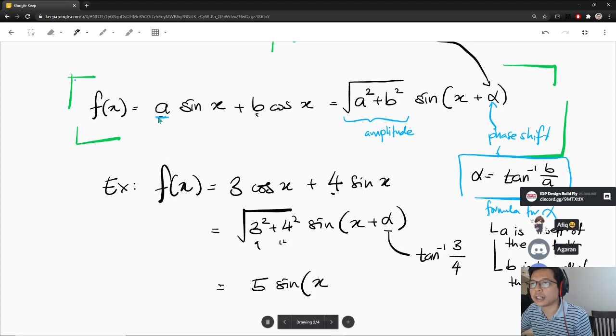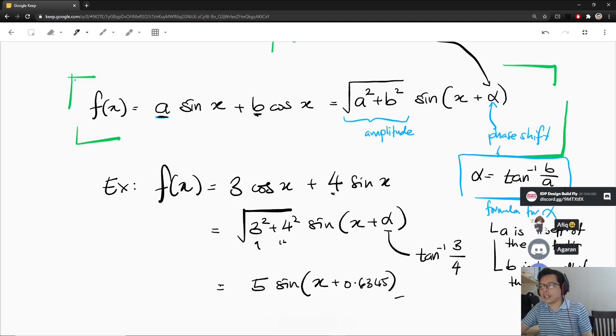Make sure you got this correct, and don't get confused. The value is 0.6435. Okay, so that is it for trigonometric functions.